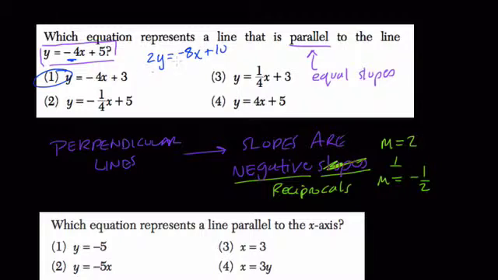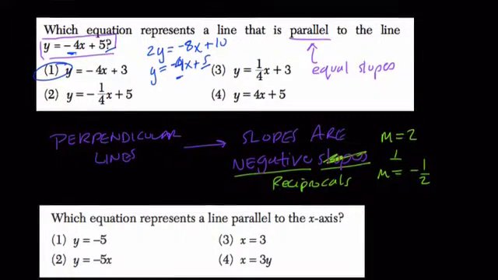Same equation, just double everything. If I reduce this, I would get y equals negative 4x plus 5. Here the slopes are equal, right? But so are the y-intercepts. When that happens, they're essentially the exact same line, and you would call them coincident, not just parallel. So parallel lines need to have the same slope, but different y-intercepts.